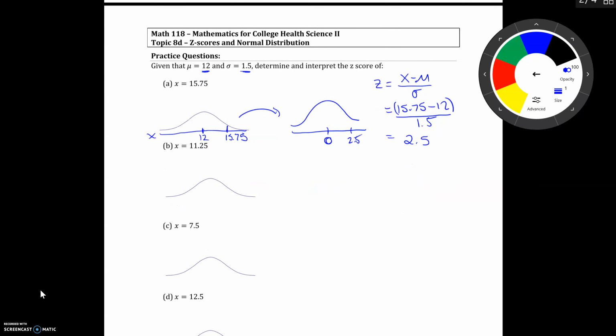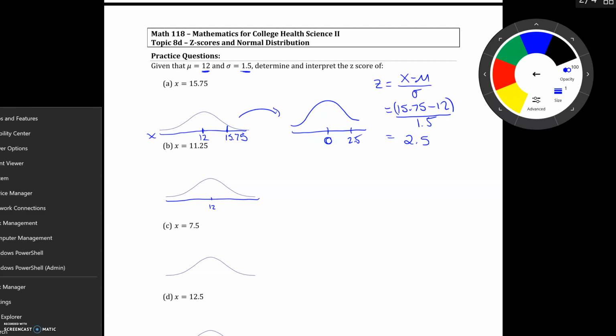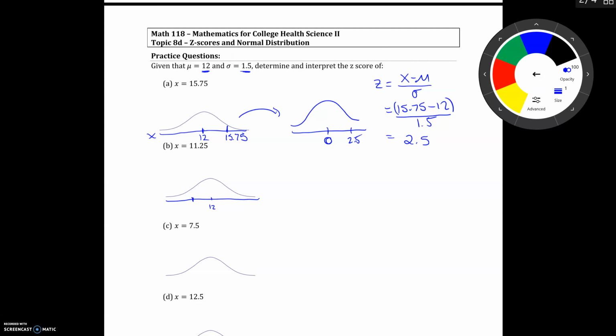If we have an x-score of 11.25, again, because our mean is 12, we can anticipate a negative value here. To figure out exactly what the corresponding z-score is for a value of 11.25, we plug it into the formula.